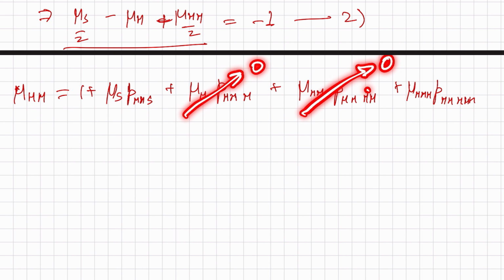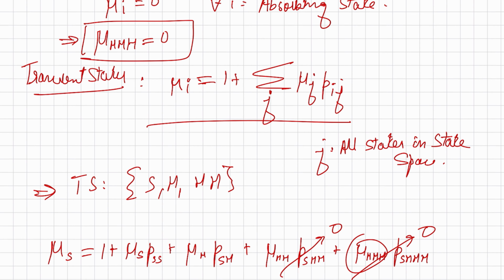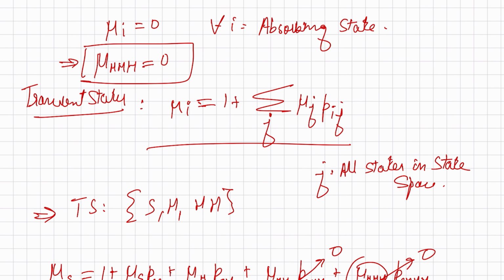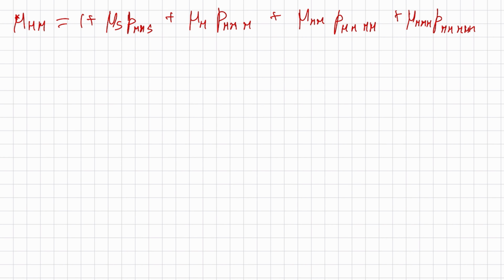And this is also going to be 0 because mu HHH is 0, as we mentioned, in the absorbing state the expected time to get absorbed is 0. So this equation becomes mu HH is equal to 1 plus 0, 0, 0, plus mu S by 2. If you solve this further, this is mu S by 2 minus mu HH.